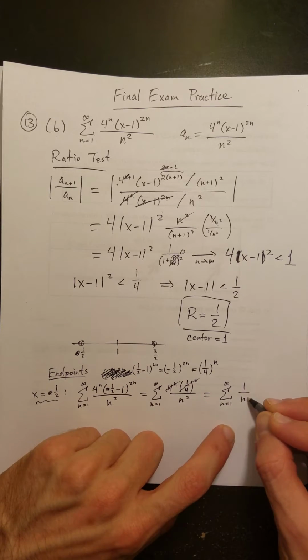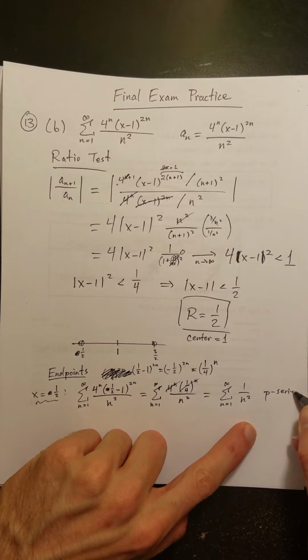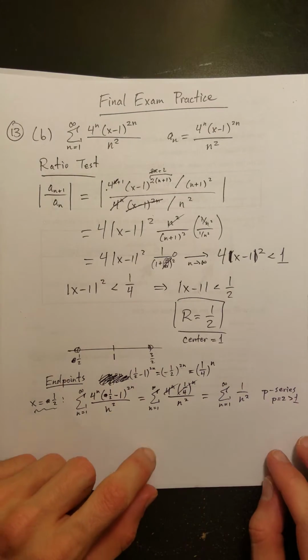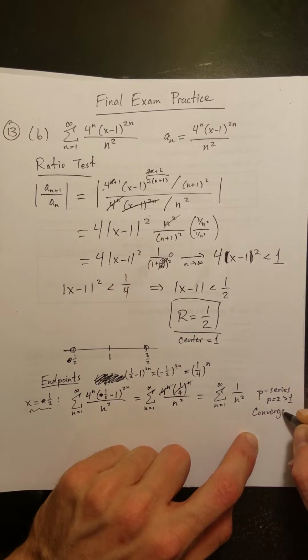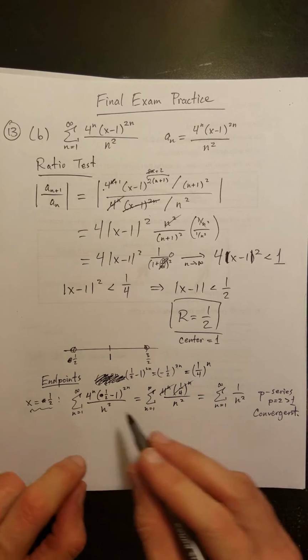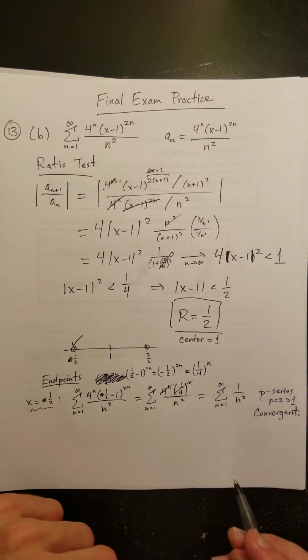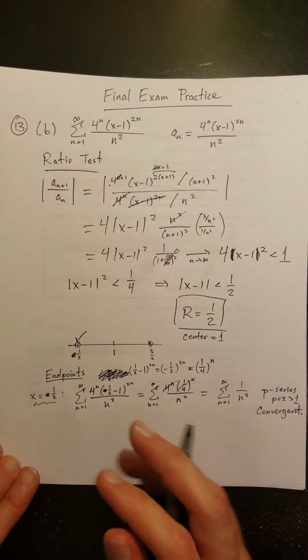Leaves me with this p series with p equal to 2. Right, and 2 is certainly strictly greater than 1, and so this is a convergent series. And so our series does in fact converge at the value x equals 1/2, so we'll include that in our interval of convergence.